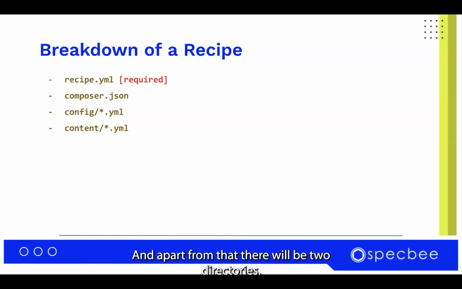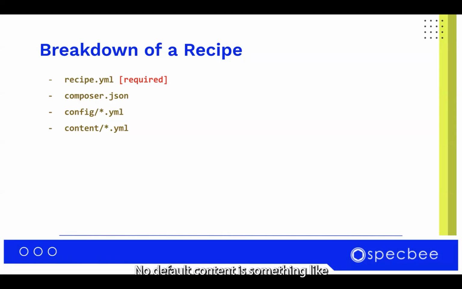And apart from that, there will be two directories: the config directory and the content directory. The config directory will hold the configurations that will be installed when the recipe is applied, and content will hold the YAML files if you want to have any default content when you're applying the recipe.